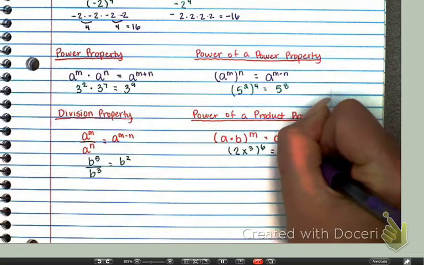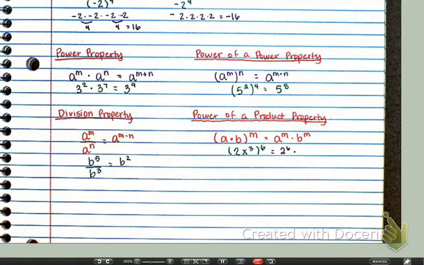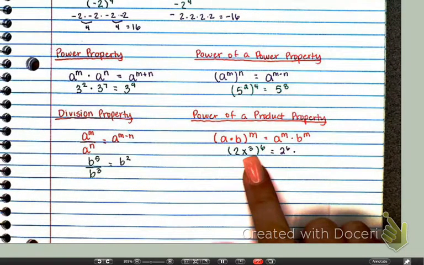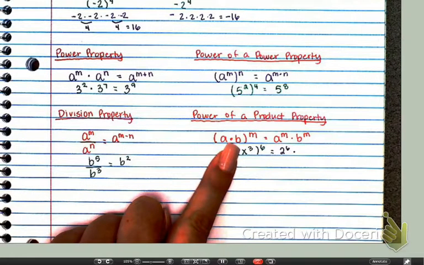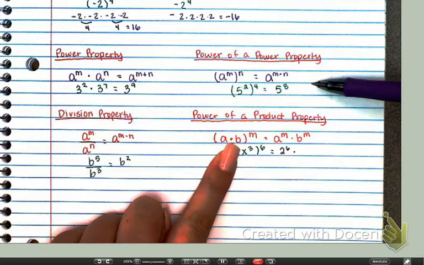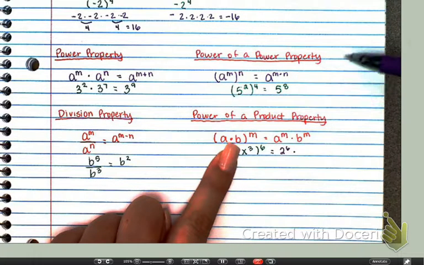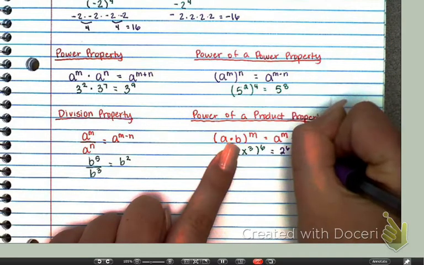So 2 to the 6th and x to the 3rd to the 6th. But if this 2 wasn't here, what property does this fall under? The power of a power, right? So what do I do with those exponents? I multiply. What's 3 times 6? 18.